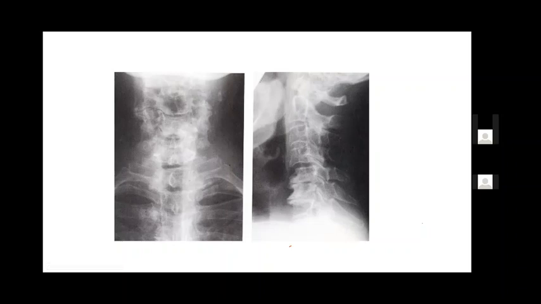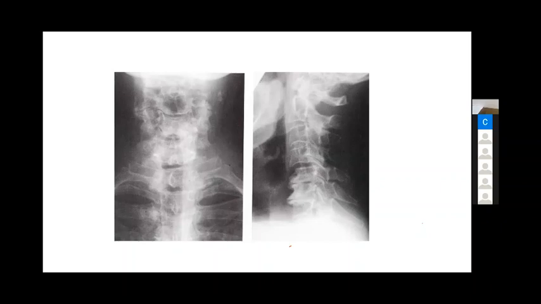So, this is a plain X-ray of a skeletally mature patient, sir, showing the cervical spine, anteroposterior view on the left and lateral view on the right.